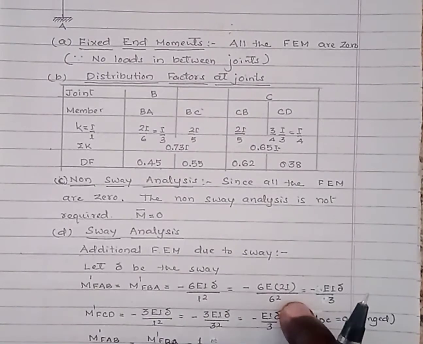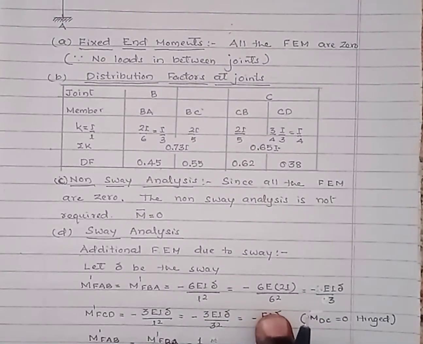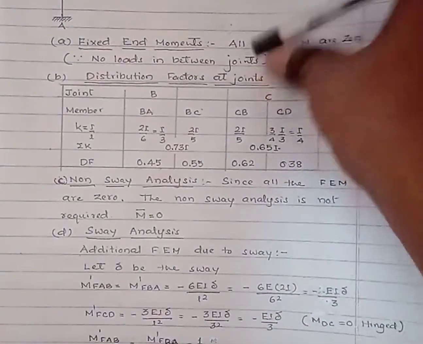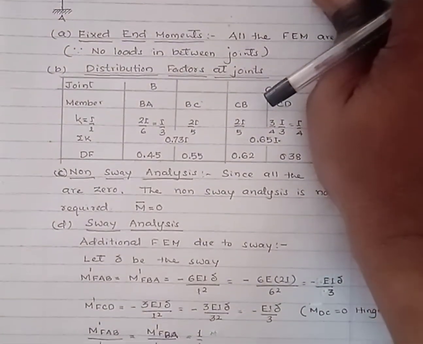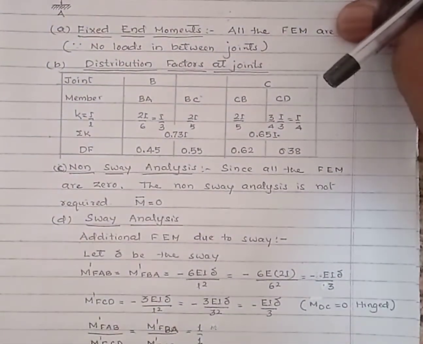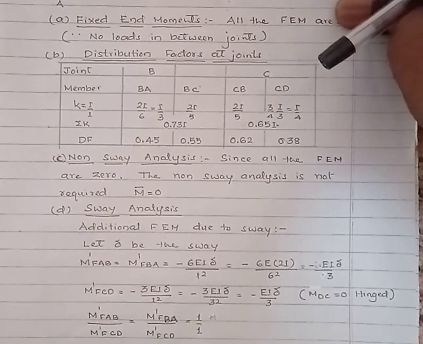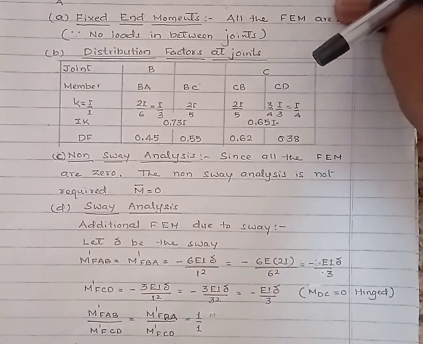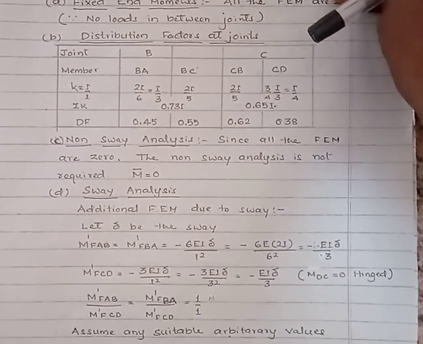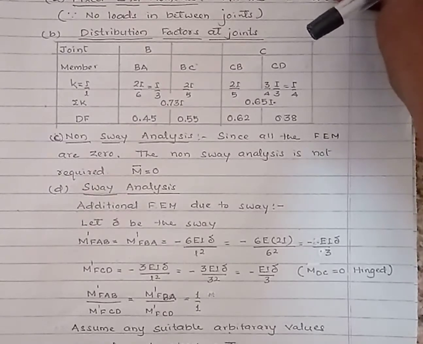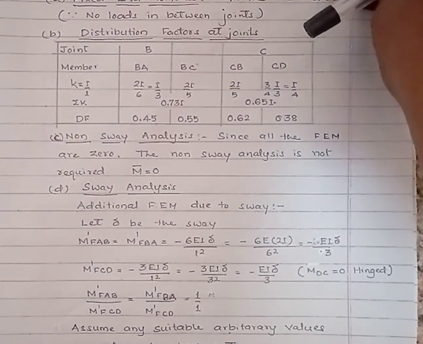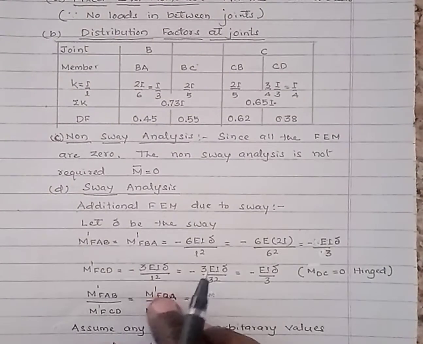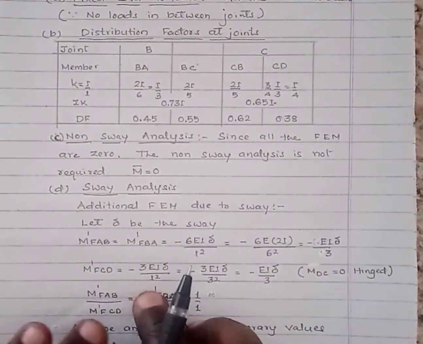Here moment of inertia is 2I and length is 6. Therefore, minus 6 E into 2I divided by 6 square, by simplification, equals minus EI delta by 3. For CD, the other vertical member, the end D is hinge.